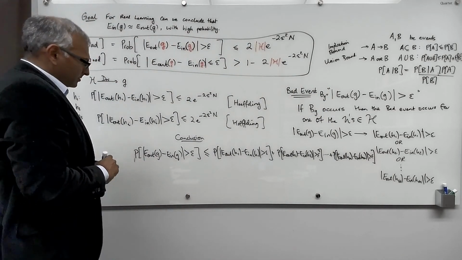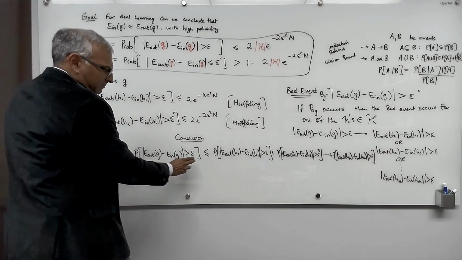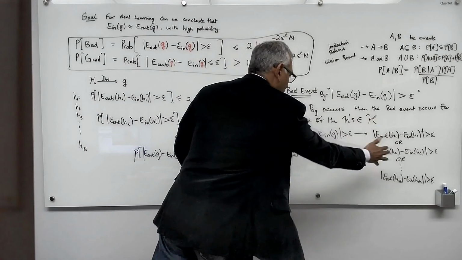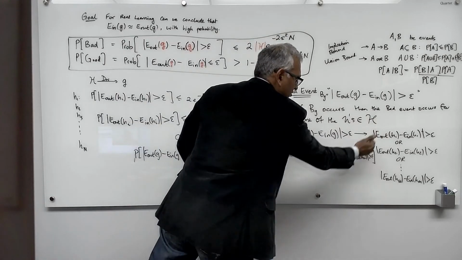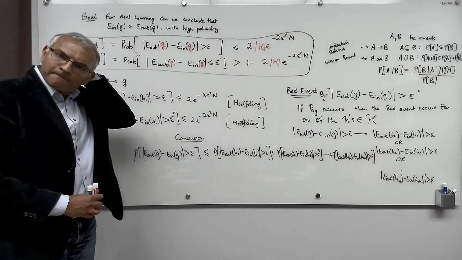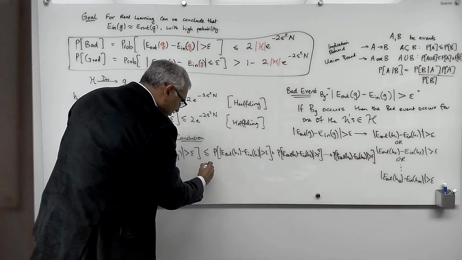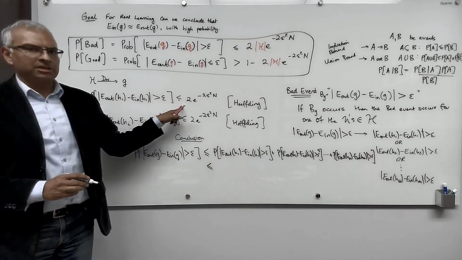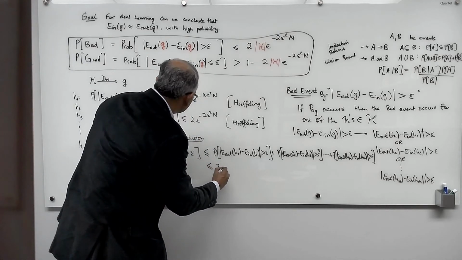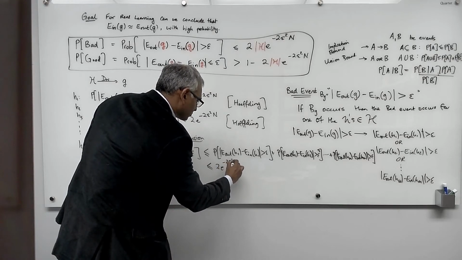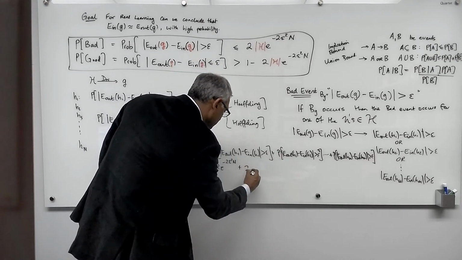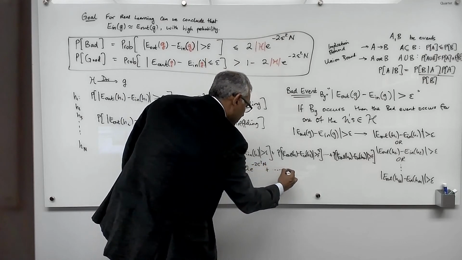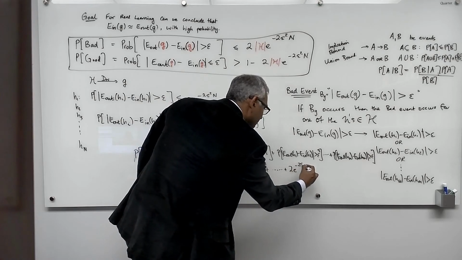Okay? So this probability of a bad event is at most the probability of this OR. And the probability of this OR is at most the sum of the probabilities of the individual events in the OR. But this is less than or equal to, and we just argued it because each h is fixed, it obeys the simple Hoeffding bound. So this is less than or equal to twice e to the minus 2 epsilon squared n, plus twice e to the minus 2 epsilon squared n, plus ... plus twice e to the minus 2 epsilon squared n.